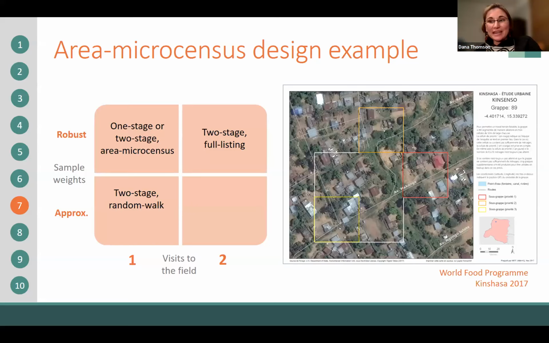There are segregated neighborhoods, but a lot of people are living in quite mixed socioeconomic circumstances, where if you live on the top floor of a building, you might be higher income, and if you live on the bottom floor of that same building, you might be lower income. So social stratification happens in a very different way. But in that setting, we found that the area microcensus design actually exposed us to a lot more vulnerable households.